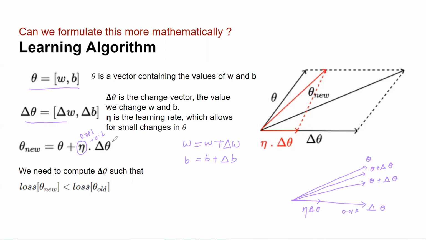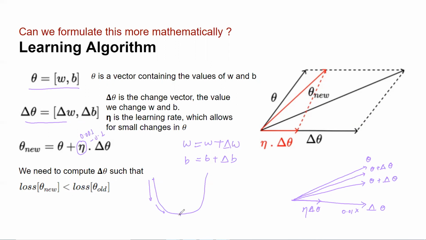Just think of it this way. You have a small function, some function like this. Right now you are here, but you want to reach here. How would you reach from here to here? You have to make small changes in this direction, and then only you'll be able to reach here.